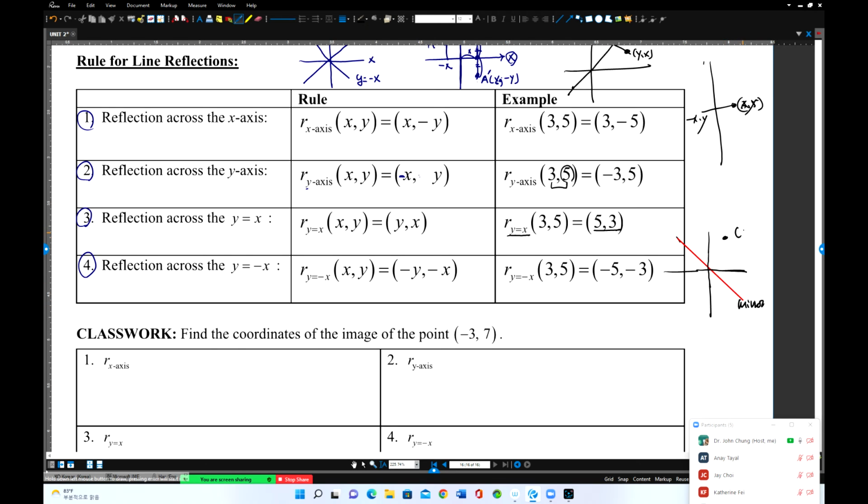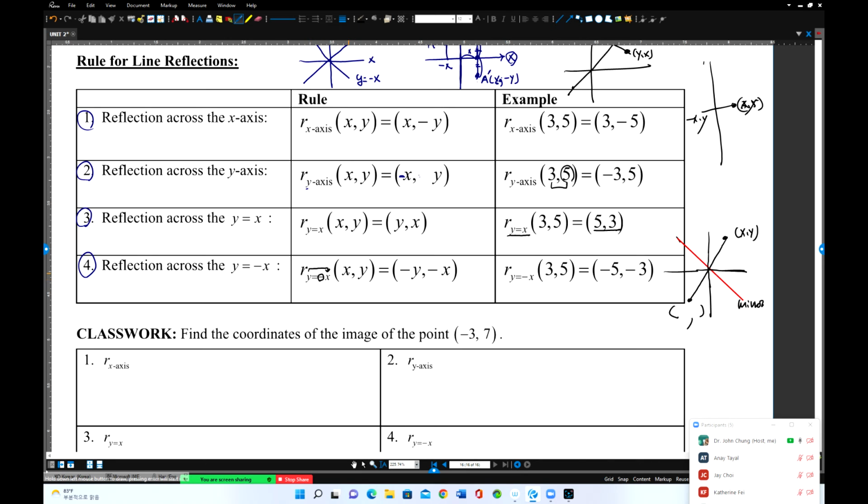We have a point x and y. What is that? Take a look over here. Y equals negative x. Y changes to x with a negative sign. That's the meaning.